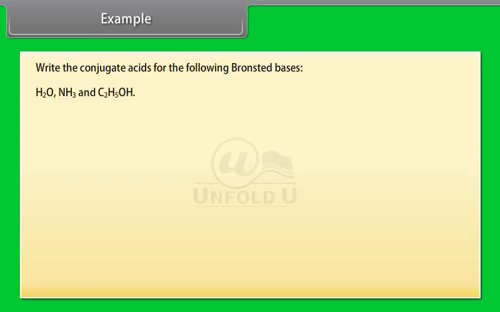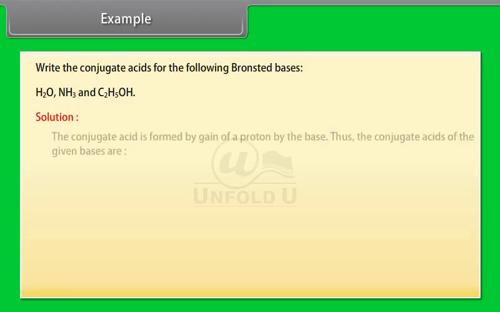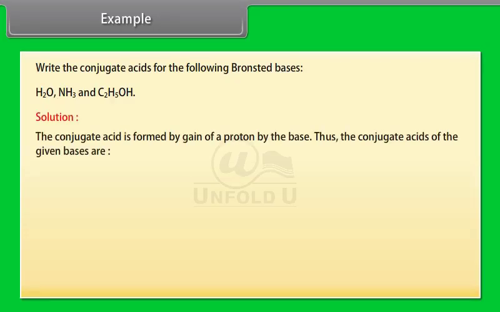Example: write the conjugate acids for the following Bronsted bases: H2O, NH3 and C2H5OH. Solution: the conjugate acid is formed by gain of a proton by the base.